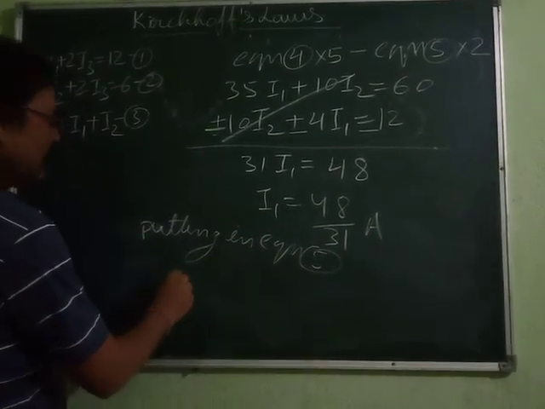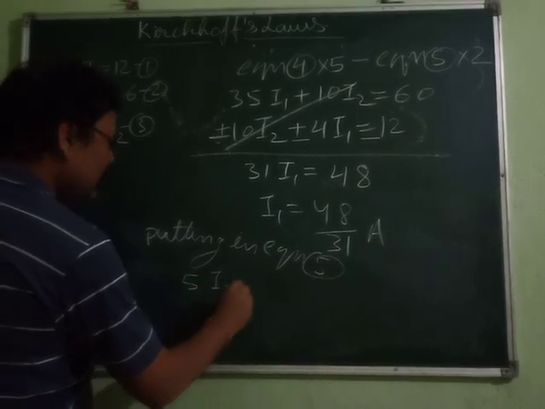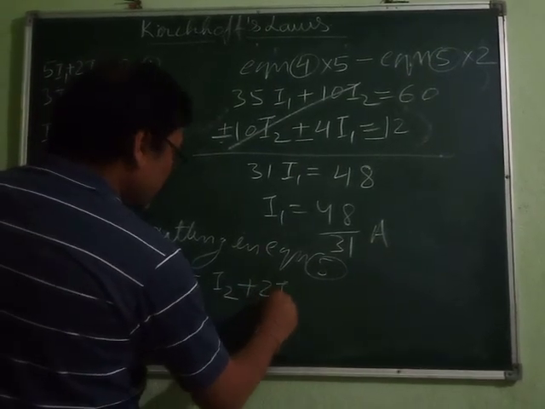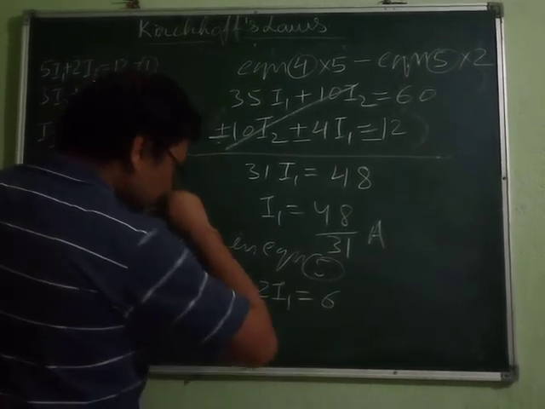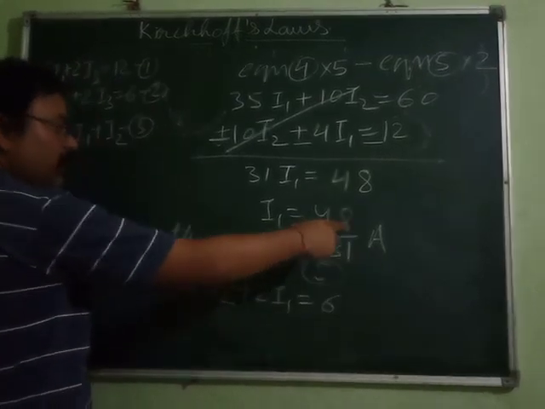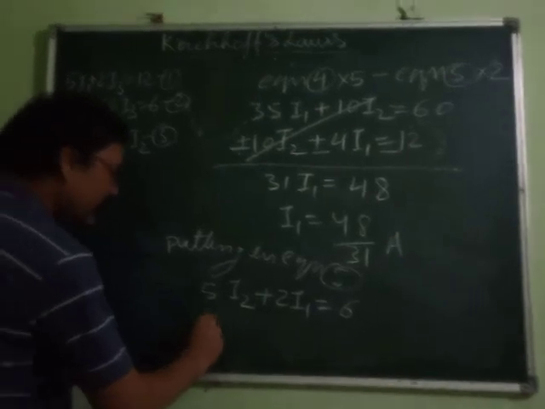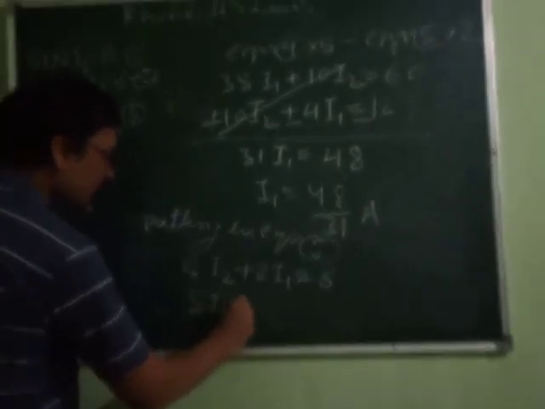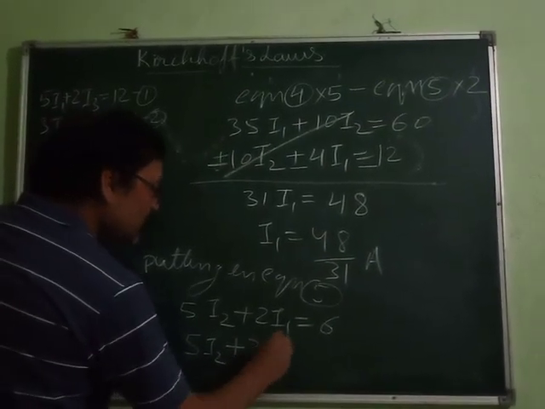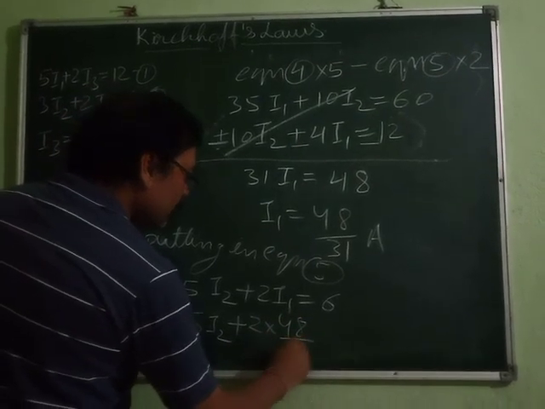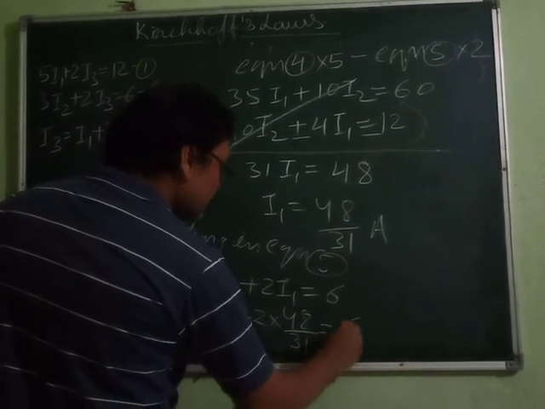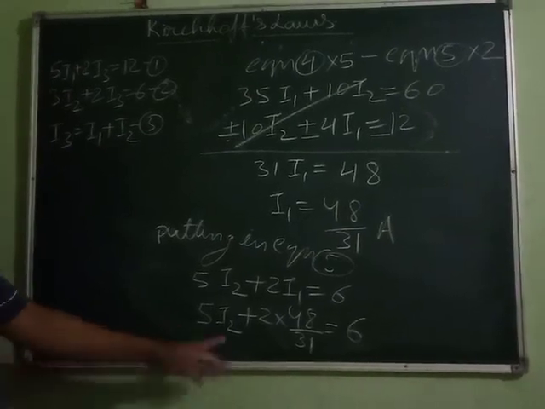Equation 5 is 5 I2 plus 2 I1 equal to 6. Now we put here at the place of I1, 48 by 31. So we will get 5 I2 plus 2 into 48 by 31 is equal to 6. You can solve it very easily.